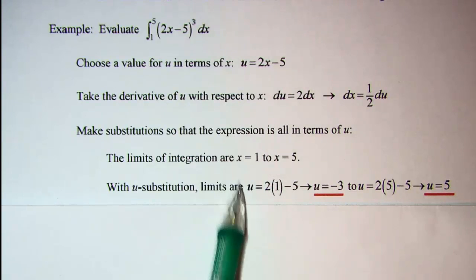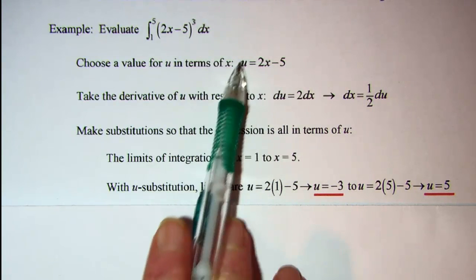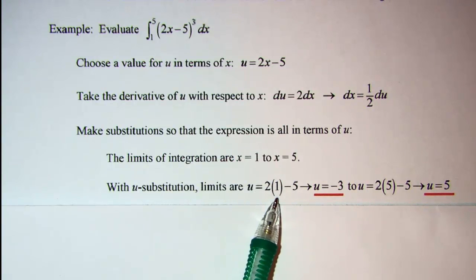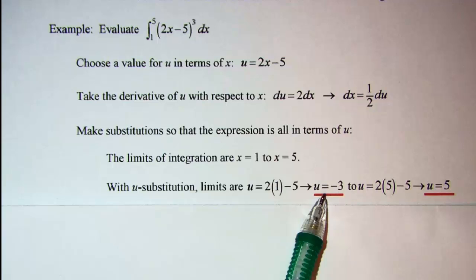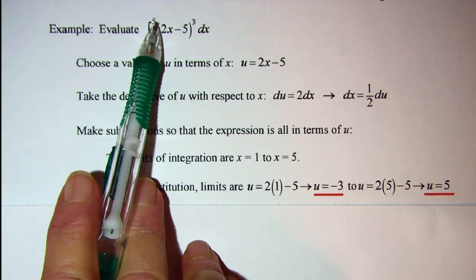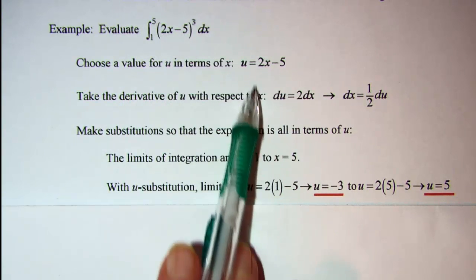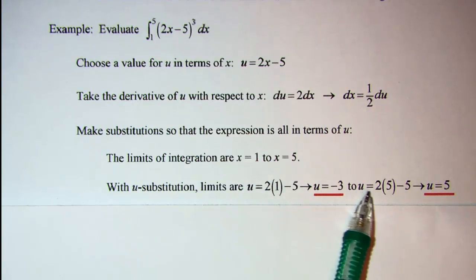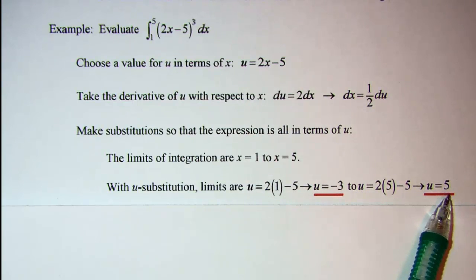So if x is equal to 1, we put 1 in here, and we find that the lower limit of integration is -3. And then if the upper limit is x equals 5, we'll put that into our expression, and we find that u is equal to 5 for the upper limit.